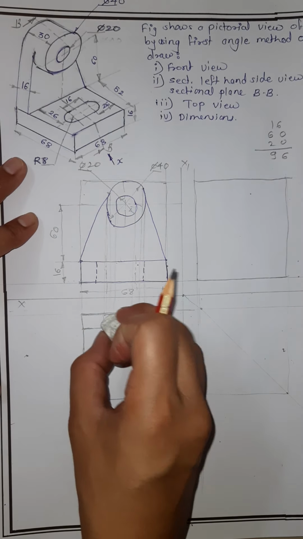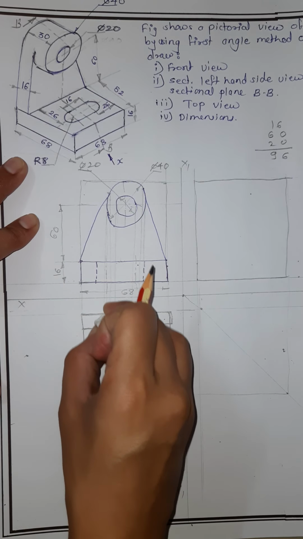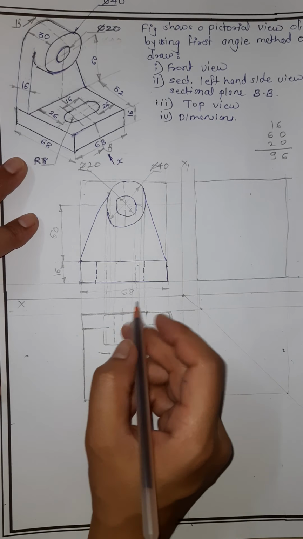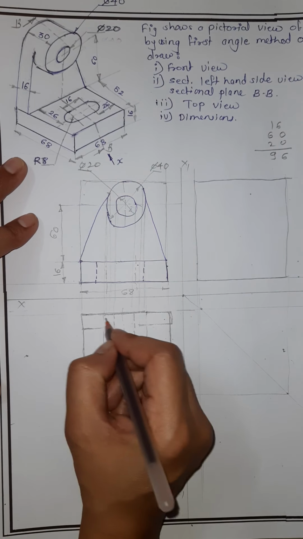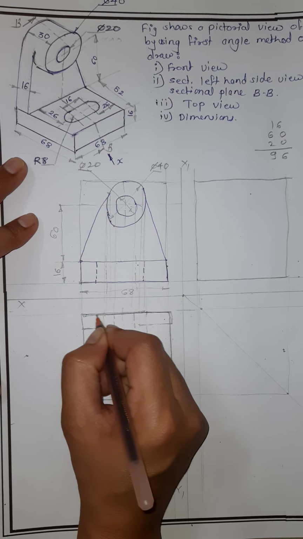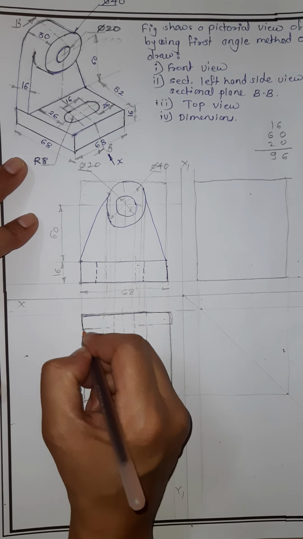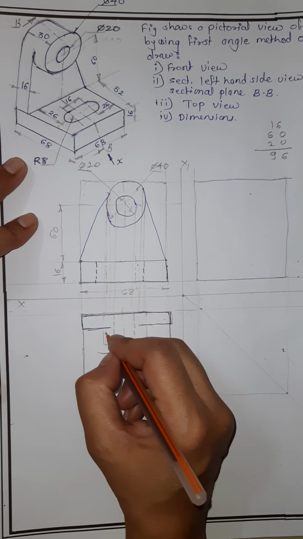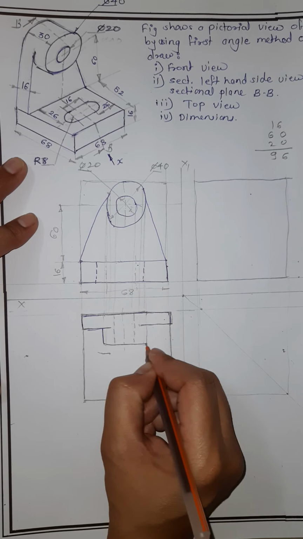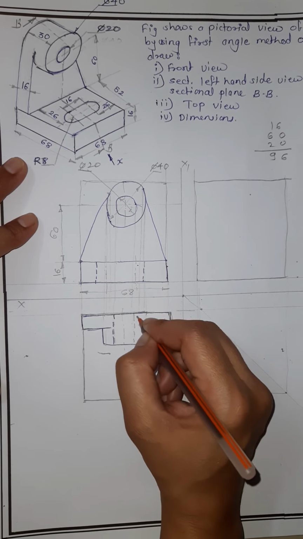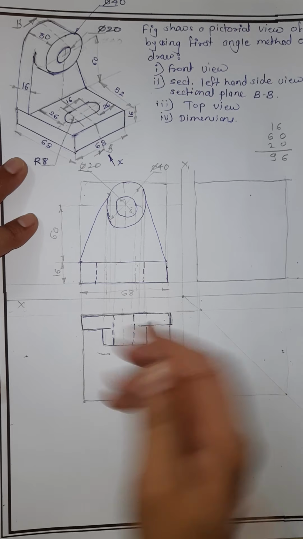So this edge is not there, so this is a dashed line or a hidden line.